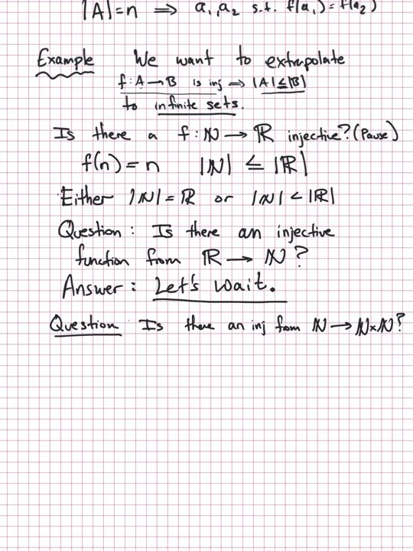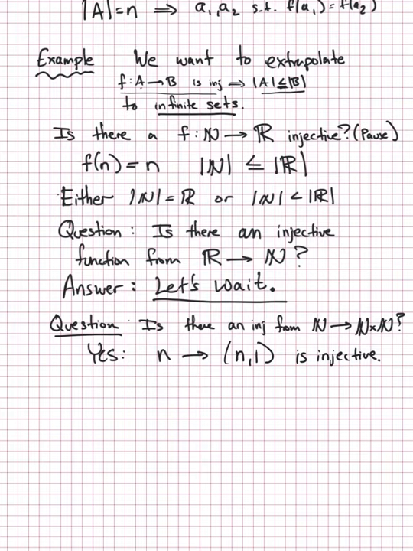In this case there is, right? Yes. There's tons of different options, but you could send n to just (n, 1). You can check that is injective, and I encourage you to do so as a nice, easy exercise.